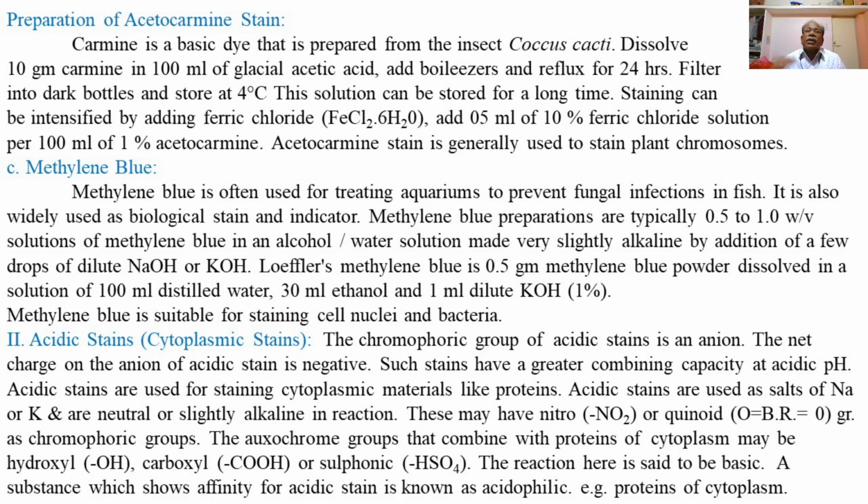So these are the methods of preparation of three basic stains or nuclear stains, such as hematoxylin, acetocarmine and methylene blue, which are usually used for staining of nuclear materials or the nucleus in both plant and animal tissues, giving the respective color of the stain to the nucleic acids, that is the DNA, RNA, chromosomes or the chromatin material of the nucleus.